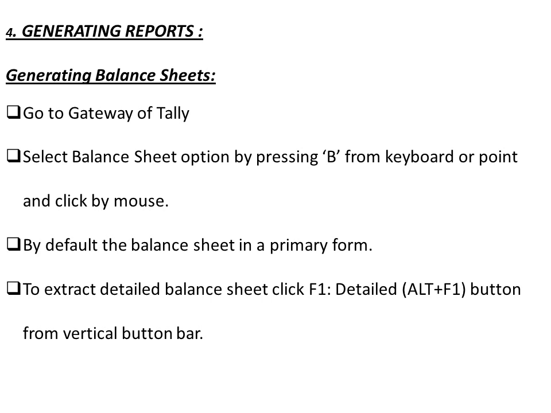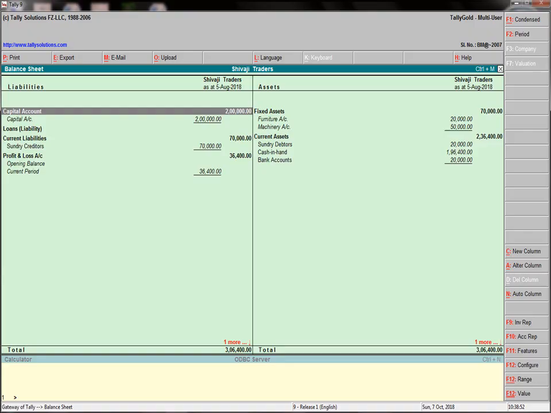By default the balance sheet is in primary form. To extract the detailed balance sheet, click F1 Detailed, Alt F1, from the vertical button bar. I am going to display this screen. When you click on this report, you can see the liability side and asset side displayed in detail.